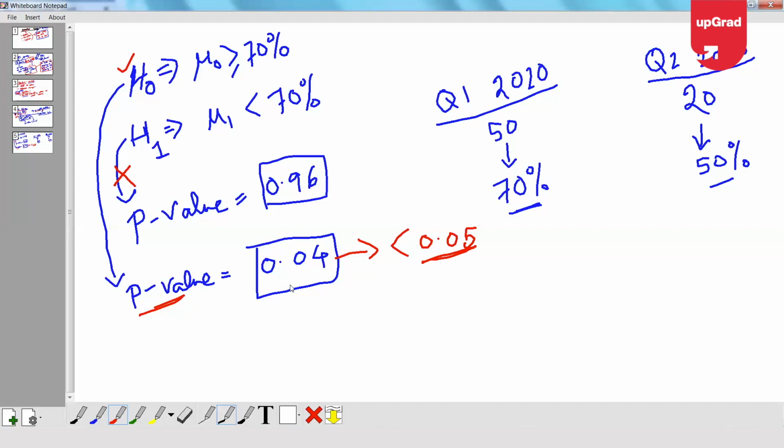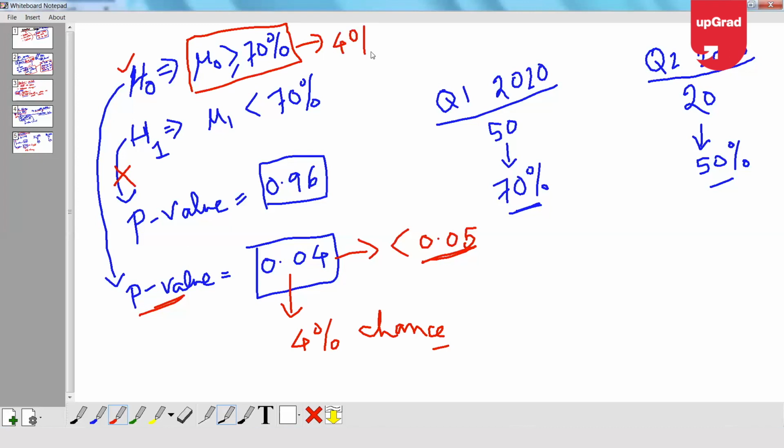So the p-value of 0.04 means that there is only 4% chance that this particular statement is true. If that is the case, then the chances of this statement being true has to be 96%.